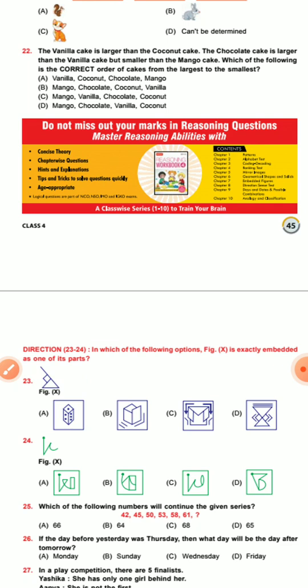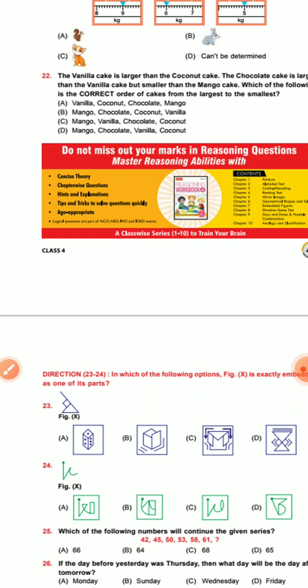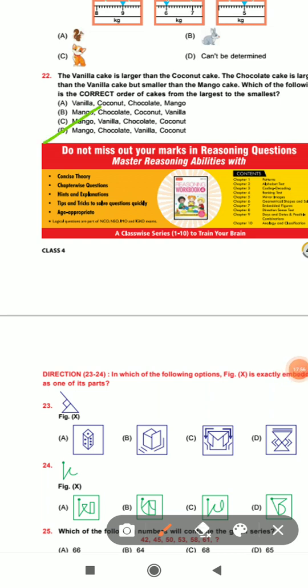Okay, largest to smallest is just like descending order. The correct answer is option D: mango, chocolate, vanilla, coconut. Okay, student, D is the correct answer.